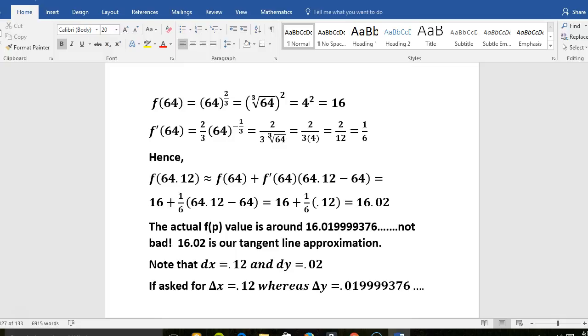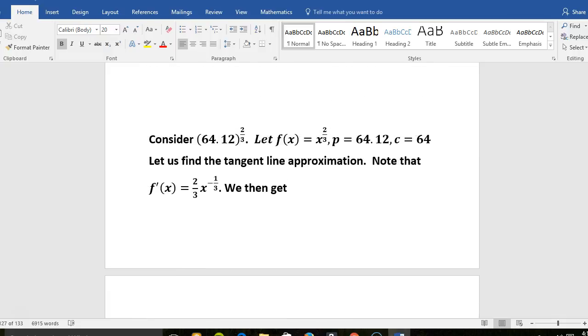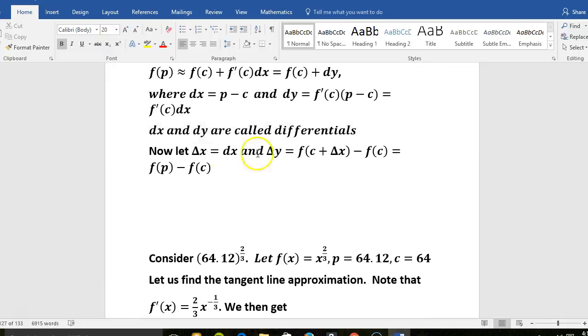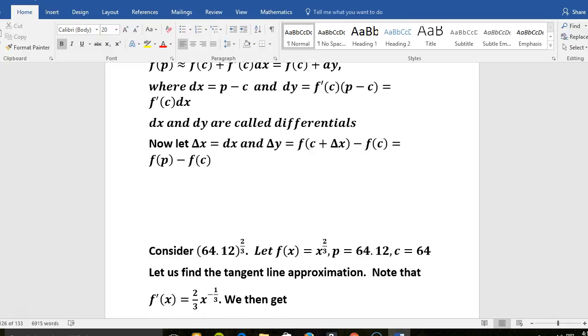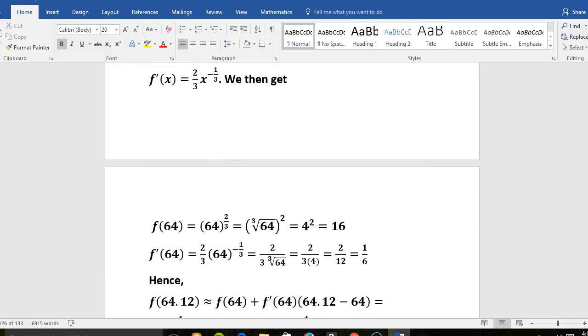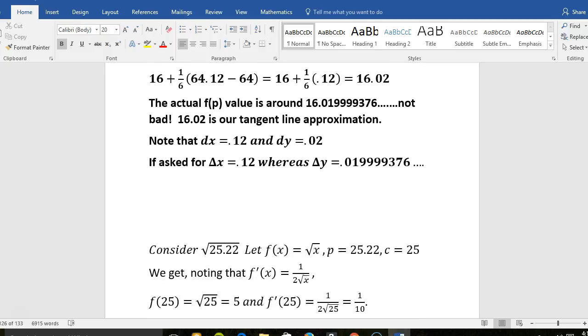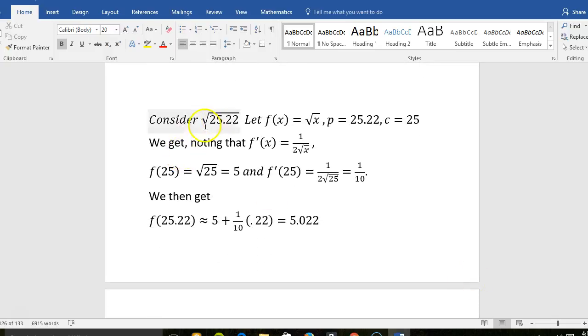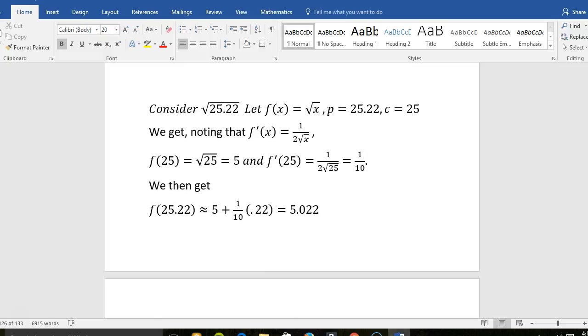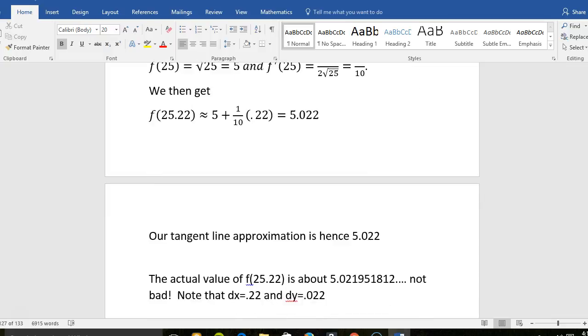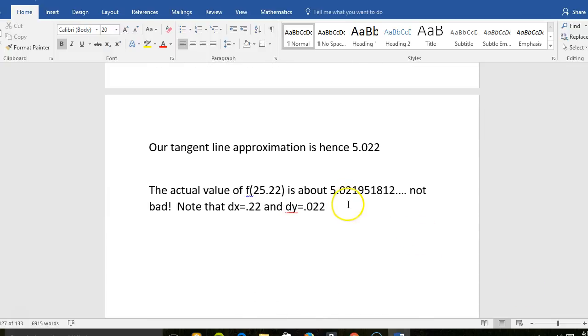And up here again, remember we define delta x as dx, whereas delta y is f of p minus f of c. So back when I did this example, the square root of 25.22, delta y wouldn't be 0.022 exactly.